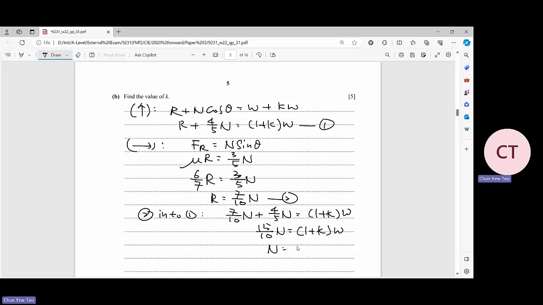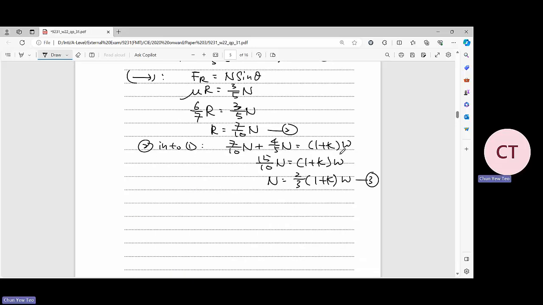So N will be equal to 2/3 of (1 plus K)W. That will be your third equation. Okay, so from part A, we have that N is equal to 8/15 W(1 plus 2K). This one I call equation 4.